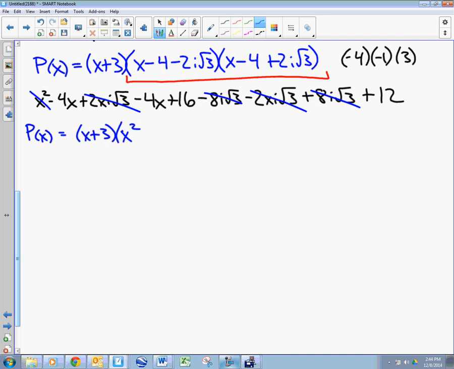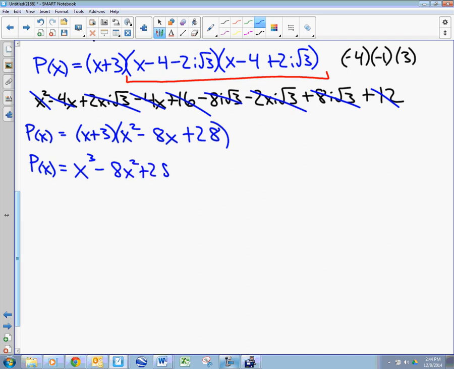Can I combine any x's? Minus 8x plus 28. All right, we sorted that out. Almost done, aren't we? P of x, x to the third, minus 8x squared plus 28x.